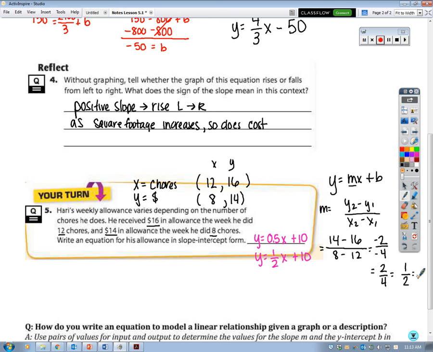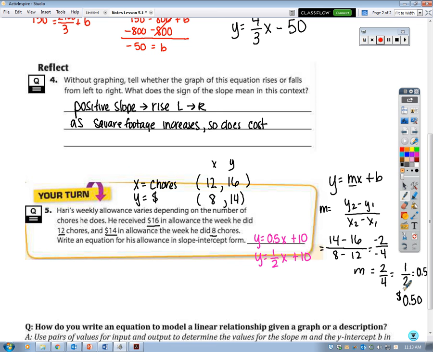Since we're talking about money, decimals do make sense here. So this would be 0.5, which means he's making 50 cents per chore. Not very much, but it's still something, right? So our slope is 0.5, which means he's making 50 cents per chore.